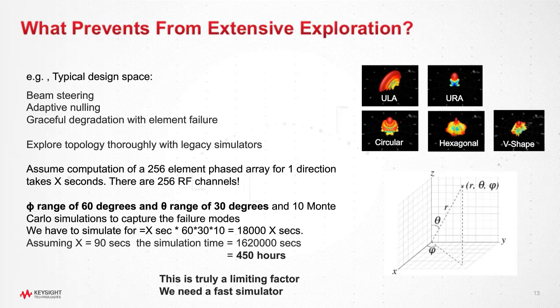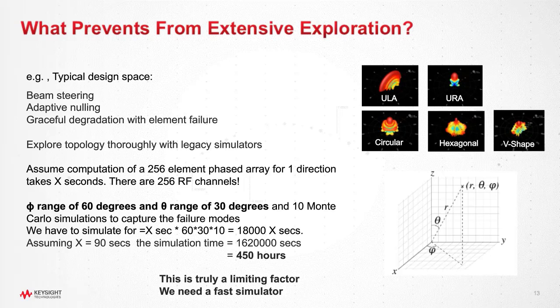Let us see what happens if we explore this with the traditional methods and traditional RF simulators, even though those RF simulators are very good to begin with. If we take an example of a 256 element phased array, we have 256 RF channels to analyze for every single direction. Let us say we take about X seconds to compute the far field for one direction.